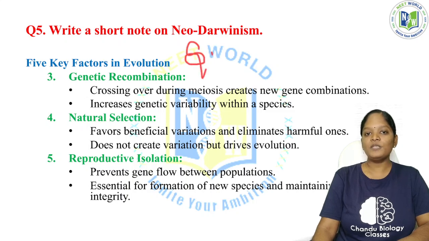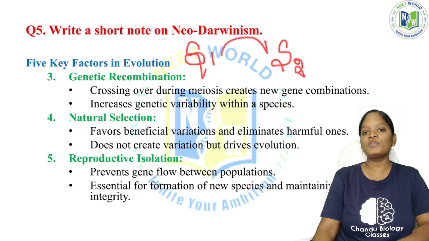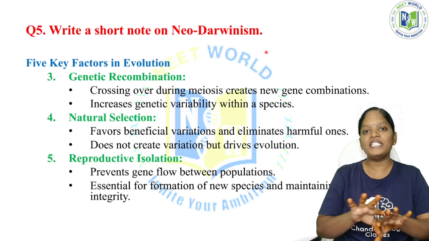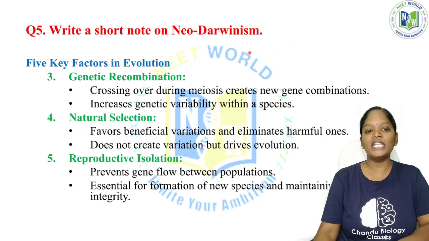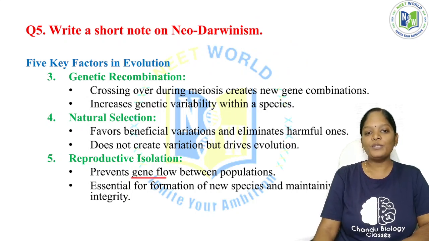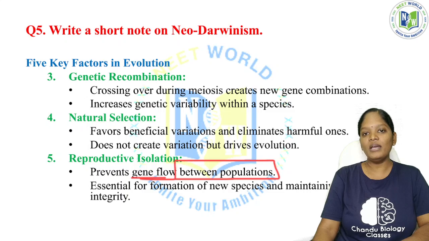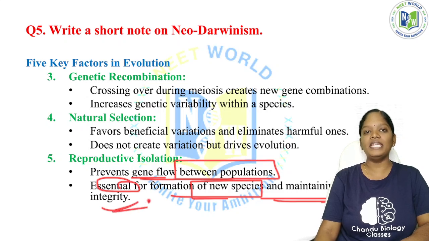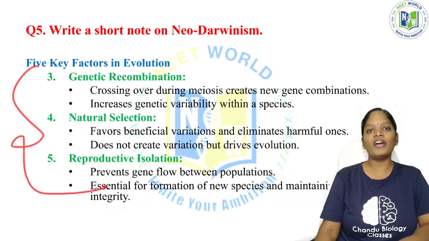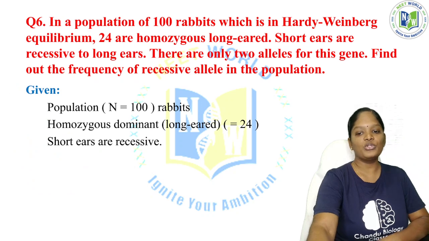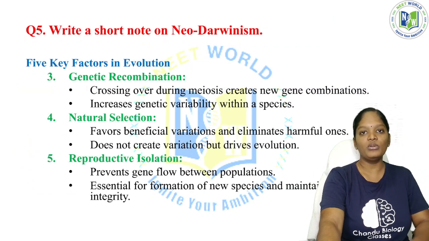The species present in population 1 do not breed with the species present in population 2. Okay, it is reproductively isolated. This prevents the gene flow between the populations, essential for formation of new species and maintaining the species integrity. Okay, so these are all the 5 key factors in the evolution. This is important in case of neo-Darwinism.